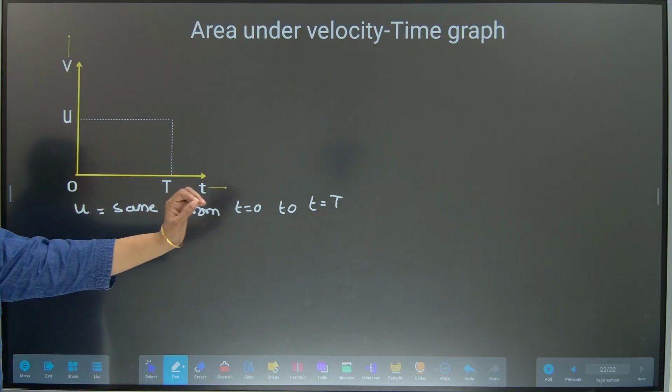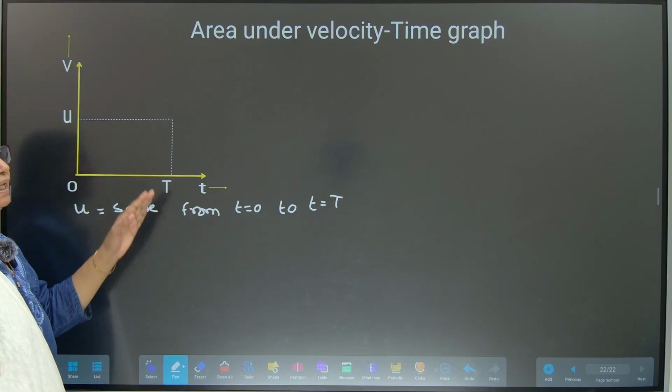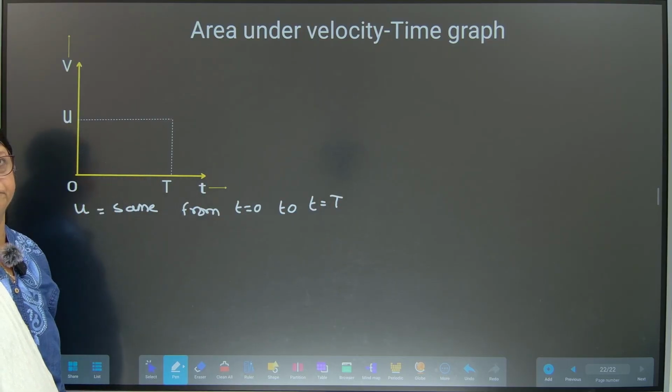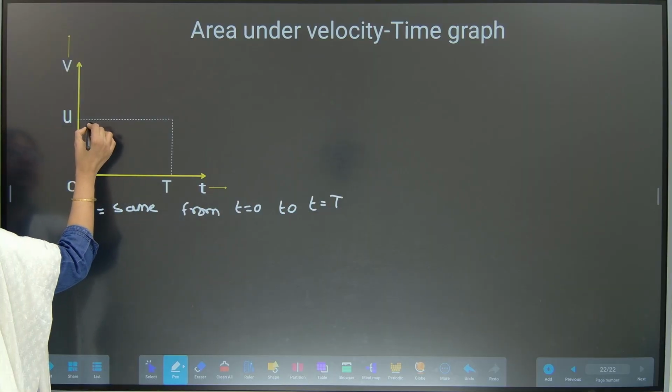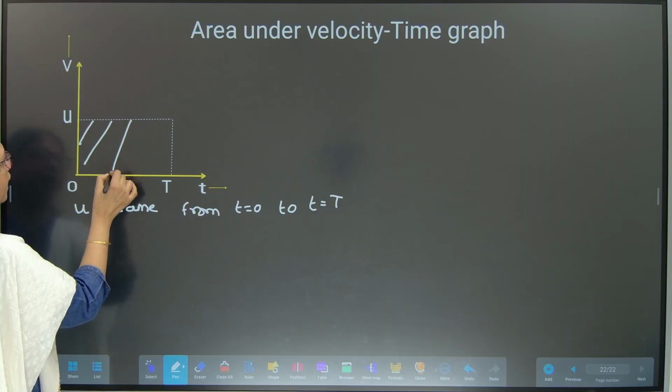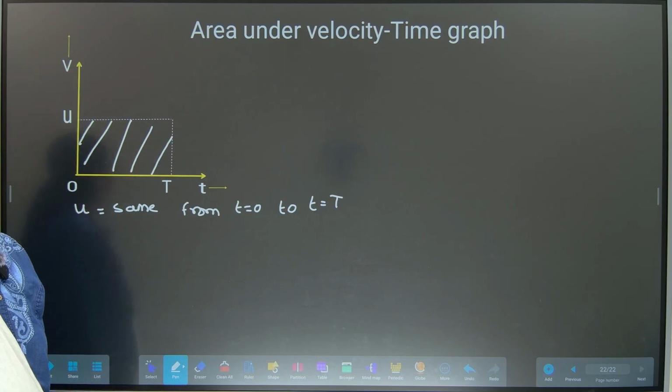The velocity is remaining the same. Now, as you can see, one rectangle is formed here. Every rectangle will have an area. So, let us find out the value of this area.